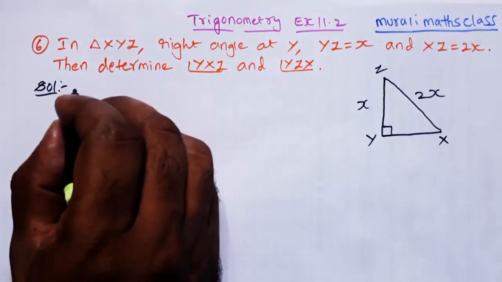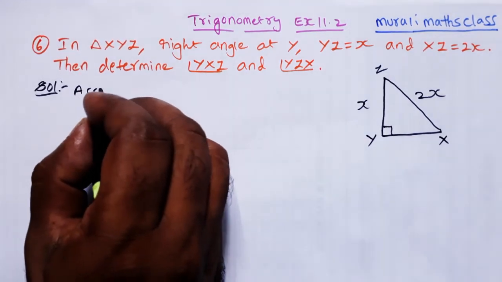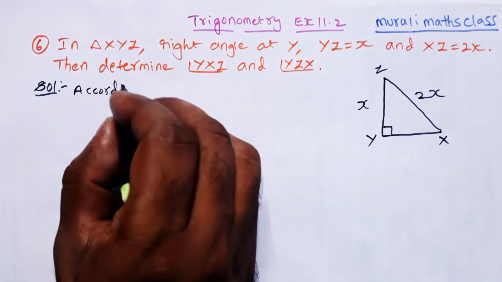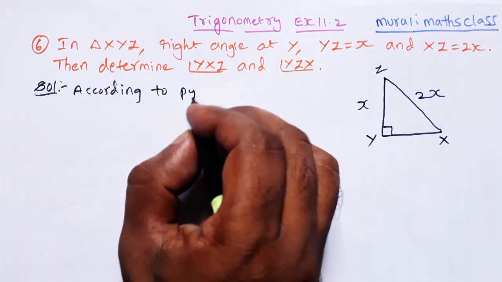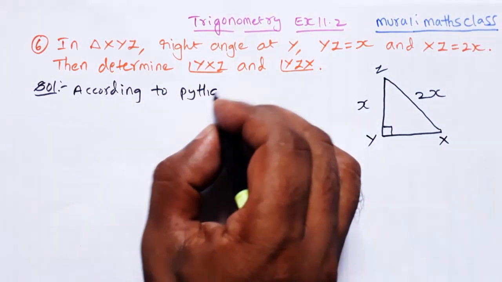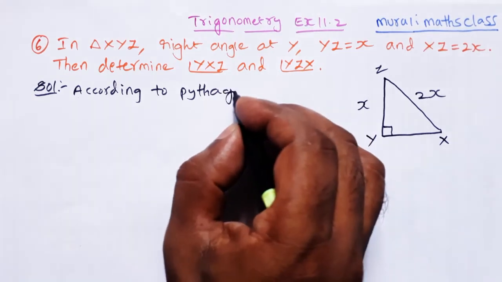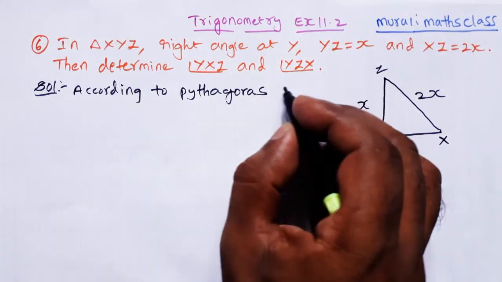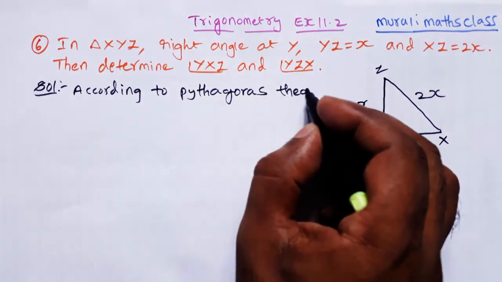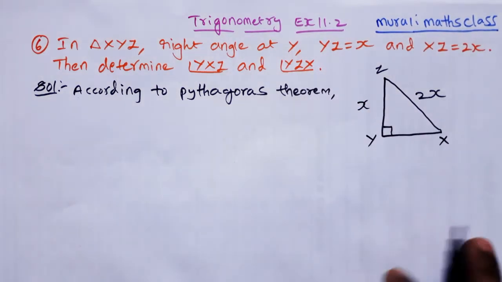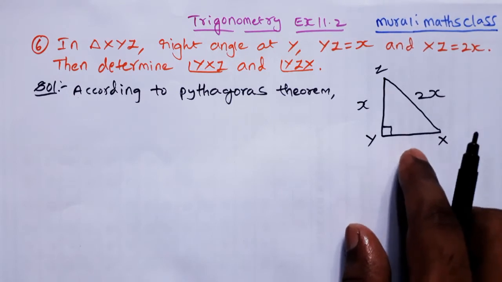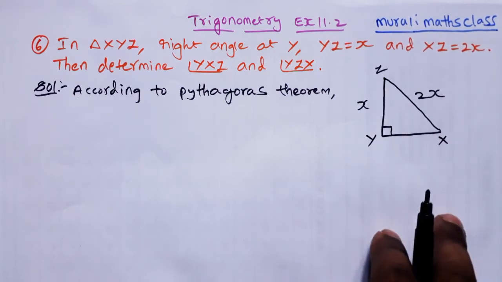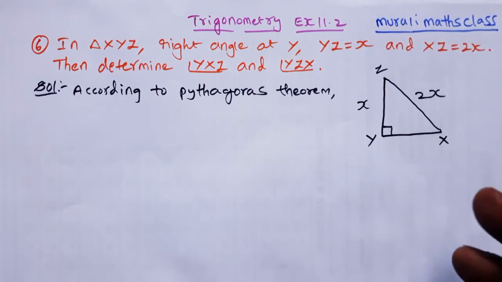Now observe here. I will write. According to Pythagoras theorem, we need to apply Pythagoras theorem for this right angle triangle. What is Pythagoras theorem?